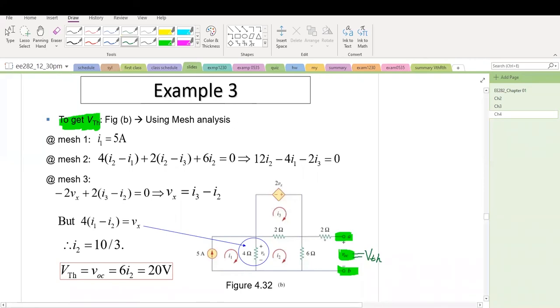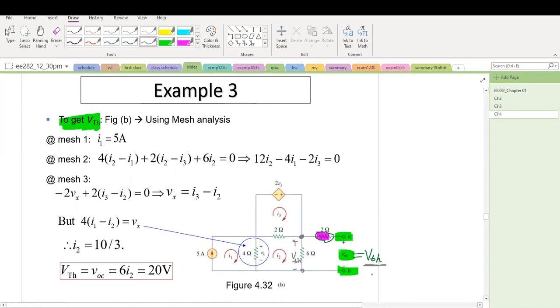And notice that there is no current because it's an open circuit here, open terminal here. There's no current flowing through this 2 ohm resistor. So therefore, VTH or VOC is the voltage along here. So this is here, VTH. We need to solve this circuit to obtain VTH.